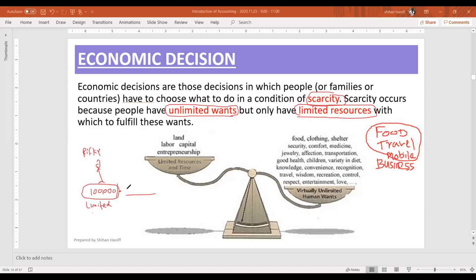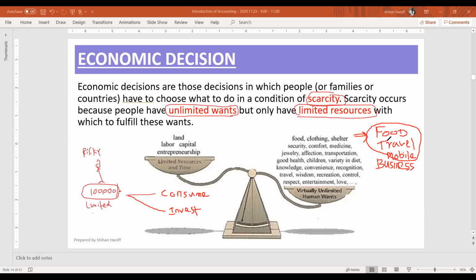From the 100,000 he has, either he can consume or he can invest. All these are fulfilling personal wants, which are consumption options.